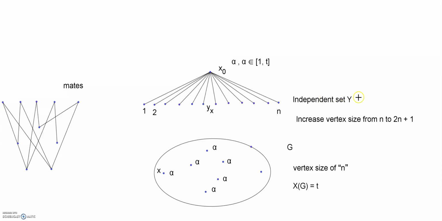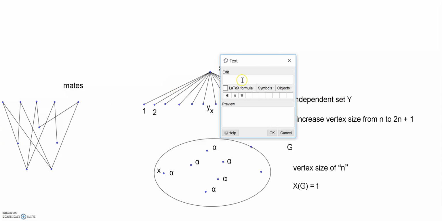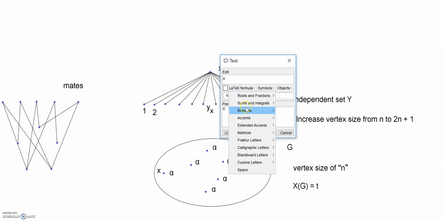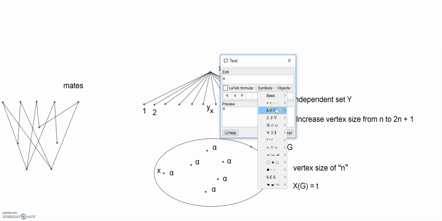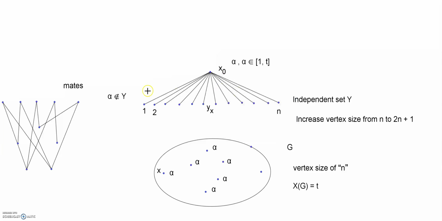So alpha will not be an element of the independent set y. And this is pretty important because this distinguishes the adjacency that we have here.